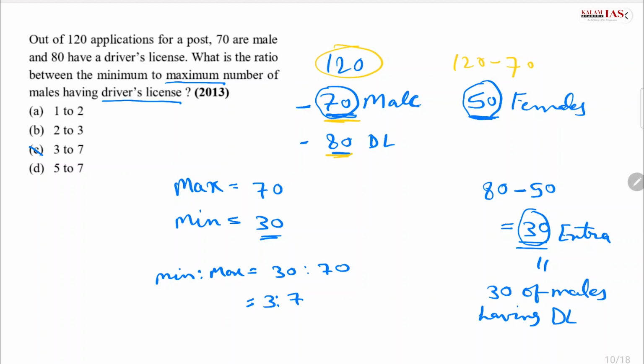To find the maximum number of males with a driving license, it is when all males have a driving license, 70. To find the minimum, we simply see that if all females have a driving license, that would be the minimum scenario, and that gives us 30 males having a driving license. So the ratio will be 30:70, that is 3:7.